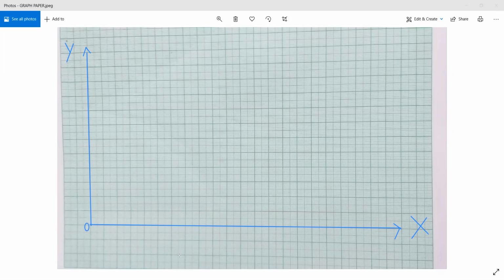So this side it will be the class interval, and this side we will have the frequency.